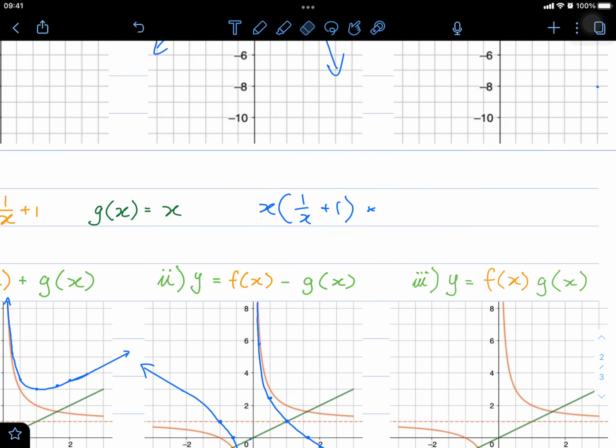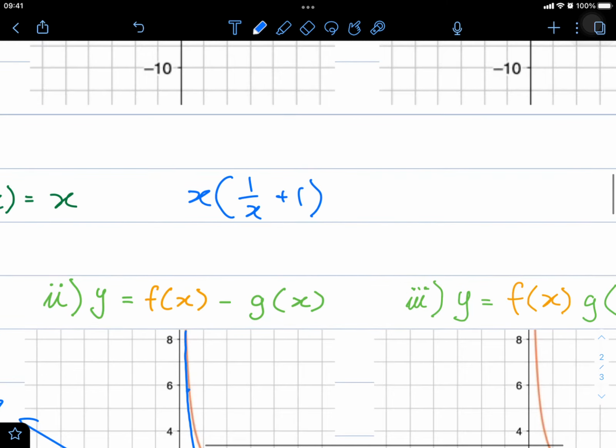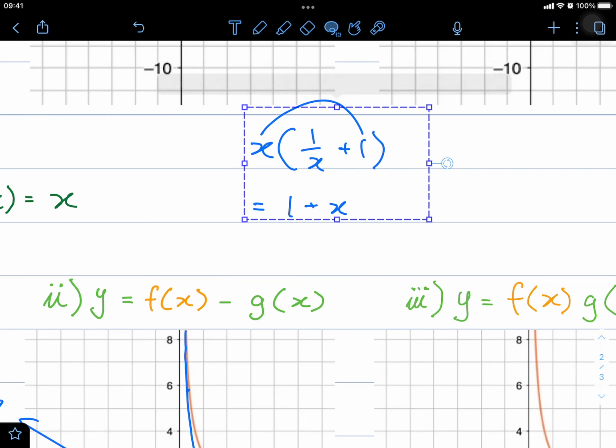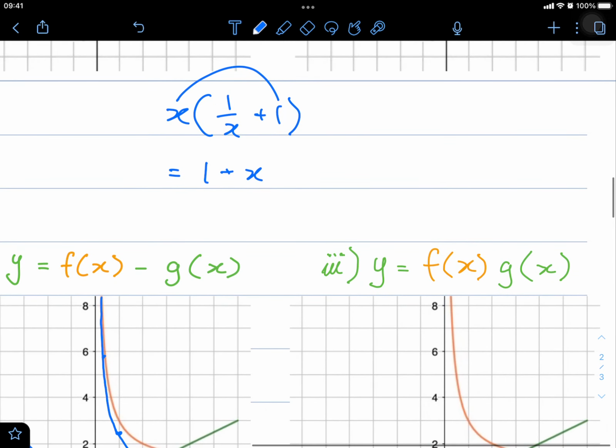So x outside of 1 over x plus 1. Expanding this becomes x times 1 over x. That's x over x, which is just going to be 1. x times 1 is x. So, in reality, the product is actually the function 1 plus x.